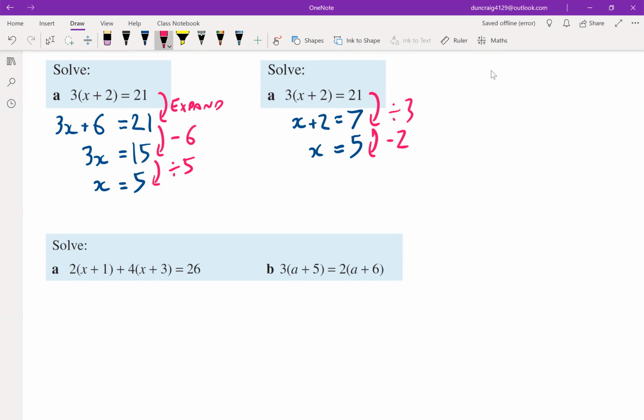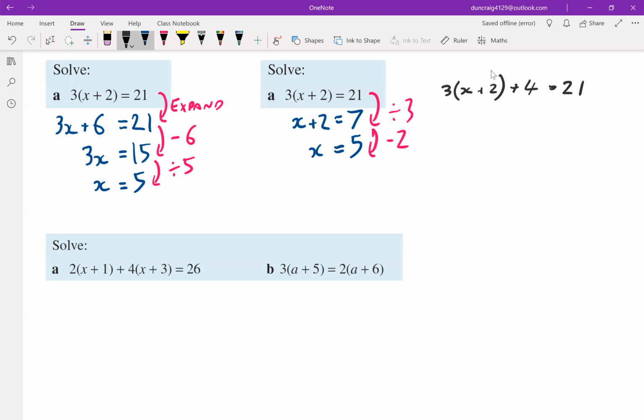Now, let me add in a little curveball. Let's say I do the exact same thing, 3 brackets x plus 2, and then plus 4 is equal to 21.